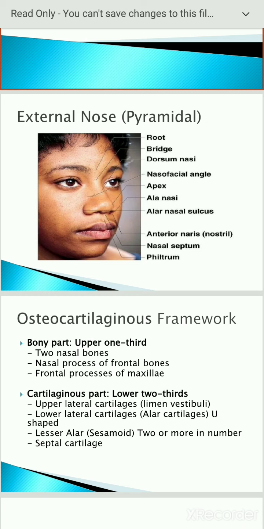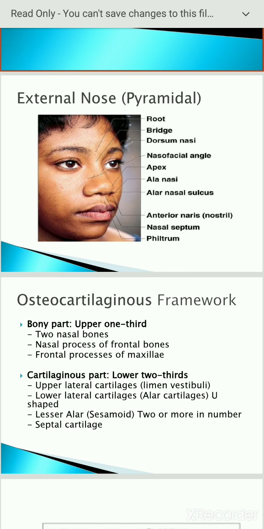On the side it is nasal ala, and along with the cheek there is a sulcus known as alar nasal sulcus. The nasal opening is also known as anterior nares. In the midline there is a nasal septum, and the part in the center is also known as philtrum of the nose.